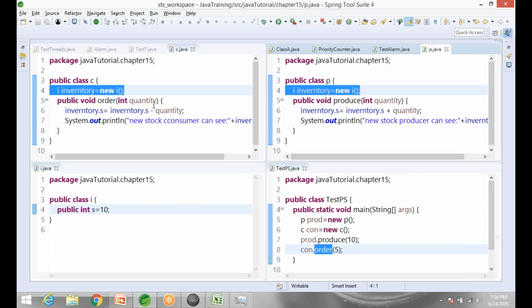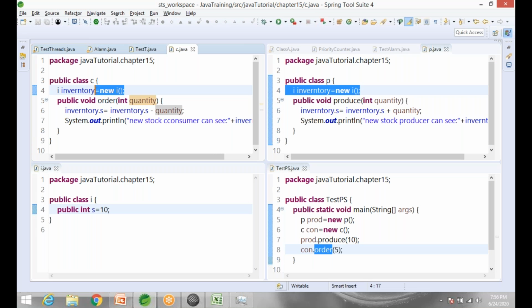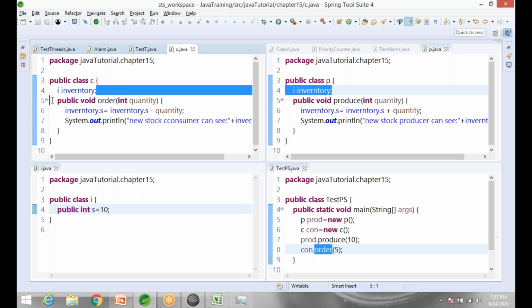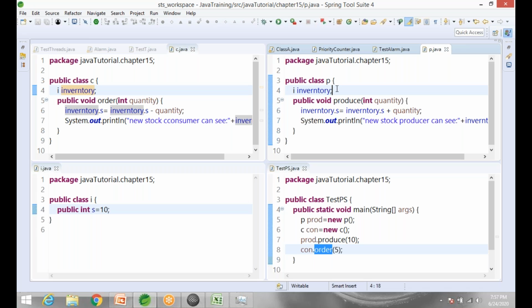They both can see the changes. To do that, you shouldn't have the inventory object initialized in both producer and consumer. You shouldn't do this. When you do this, if you say new and new, a new object is created for this personal copy and a new object for that personal copy, and they both have their own different copies. So they are out of sync. They're not synchronized.